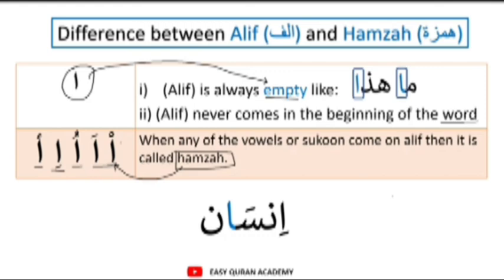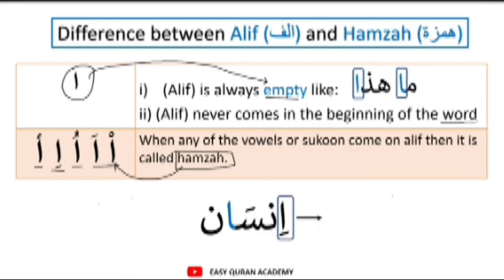Is this clear? Very important information, because hamza is, as I said, very naughty and very, very delicate. It keeps on changing. So we need to know from the beginning what is the difference between hamza and alif. I hope it's clear now. We can move on to the next part of the lesson.